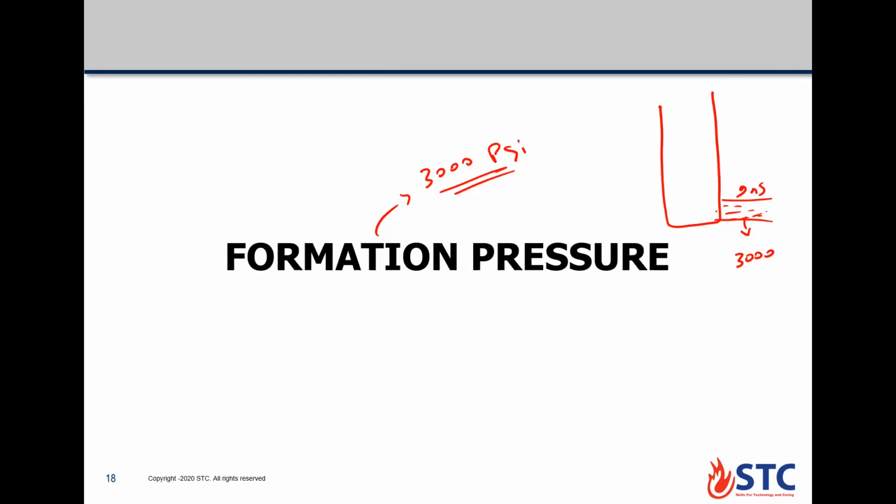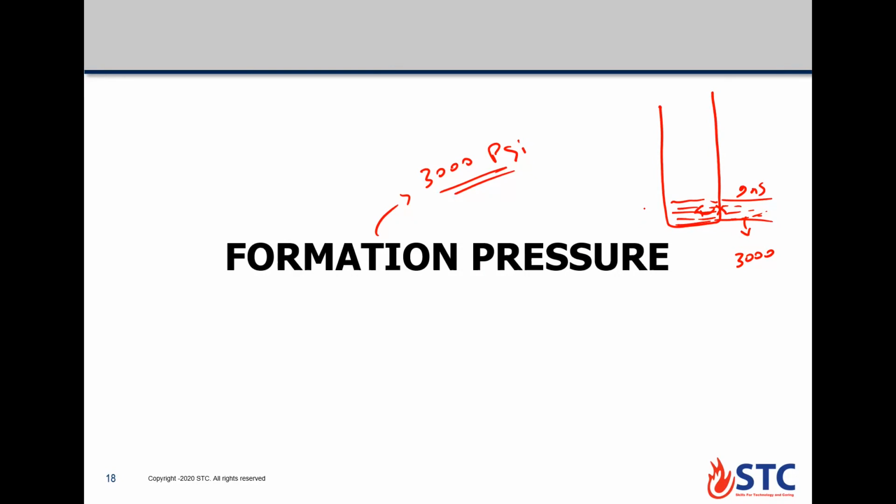If we take a kick at this point, the pressure of the gas will be 3000 psi. The gas will enter the well with the same formation pressure. So the formation pressure equal to 3000 psi is the pressure exerted by the formation fluids within the pore space.